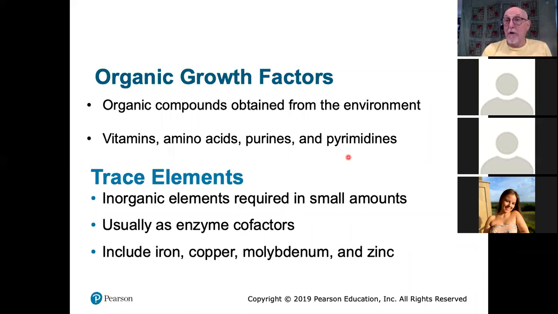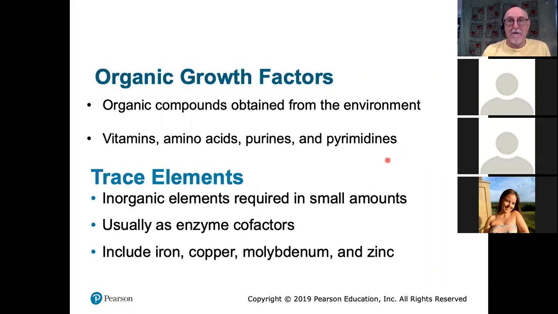When we talk about prokaryotes, us as well, but especially in prokaryotes, there are certain vitamins and amino acids, some purines, some pyrimidines, which they need from outside. They are usually supplied in their normal environment, from food sources. When we culture prokaryotes, however, we need to remember this, because sometimes we have to supply them, especially if they're specialized bacteria. We may need to supply things that they are unable to synthesize, and those we refer to as essential nutrients.